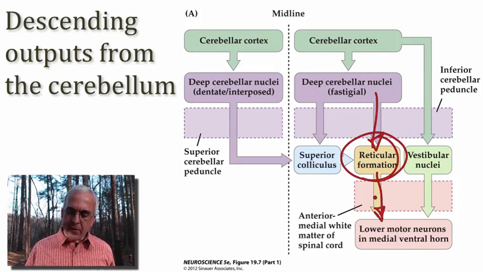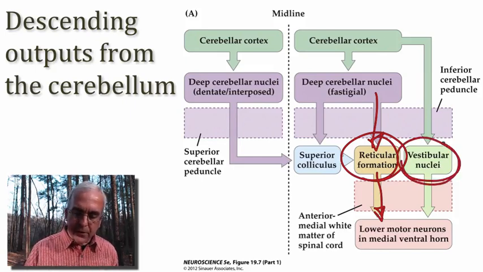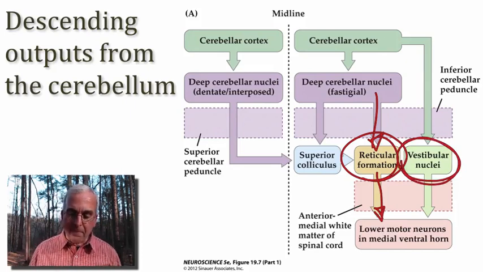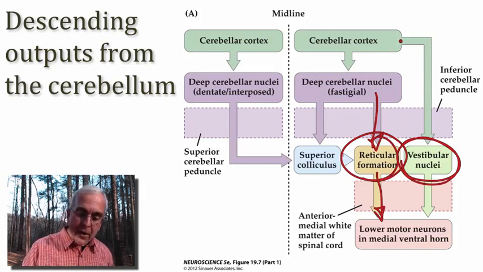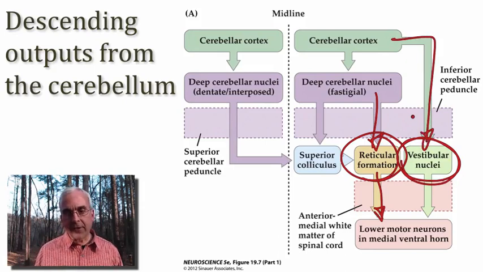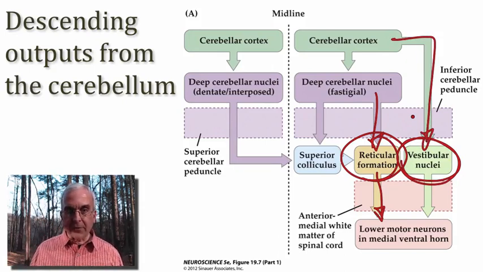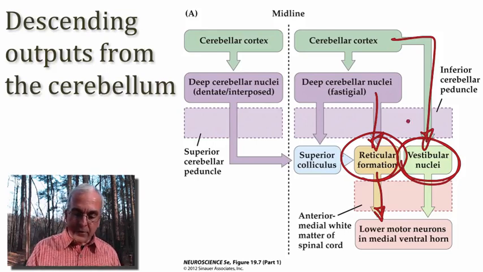Now, I mentioned in our introduction that the vestibular nuclei are sometimes considered deep cerebellar nuclei that are displaced out of the cerebellum and into the brainstem, and here's why. The vestibular nuclei receive input directly from Purkinje cells of the vestibulocerebellum. And these nuclei then are in a position that's somewhat similar to these deep nuclei.